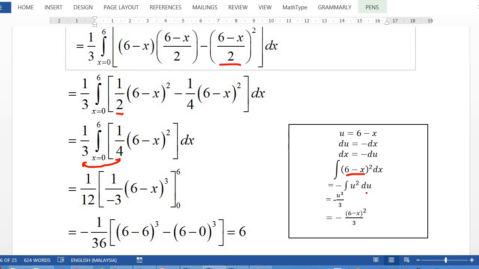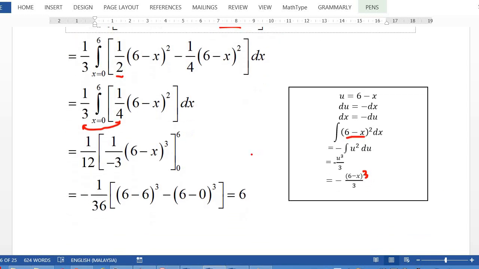Integrate u squared with respect to u, you have u cubed over 3, and the negative comes from dx equal to negative du. Replace back u as 6 minus x. Oh sorry, this is cubed. So you have negative 1 over 3 of 6 minus x cubed. And then plug in the upper and lower limits. Evaluate it, you get the answer is 6.